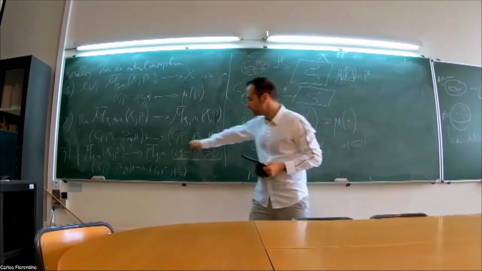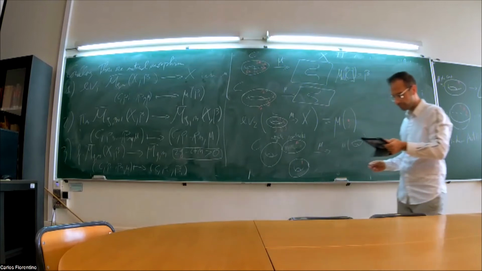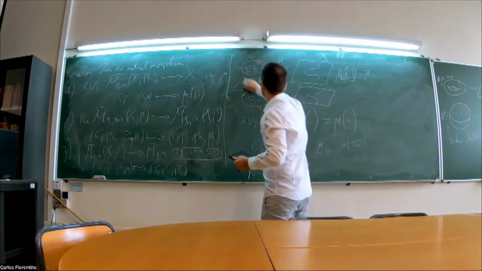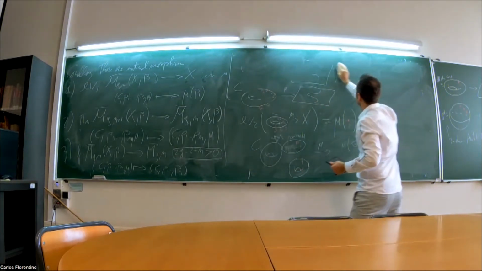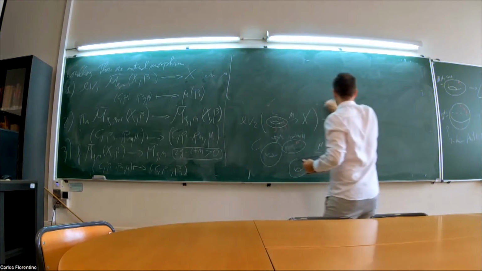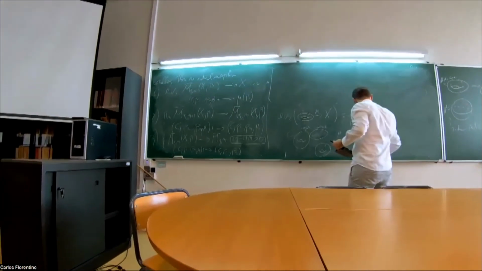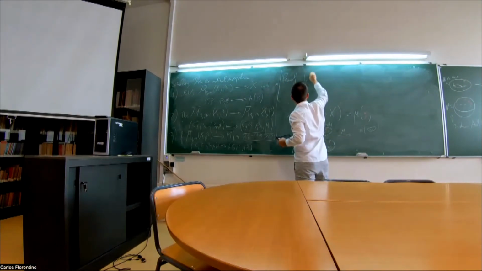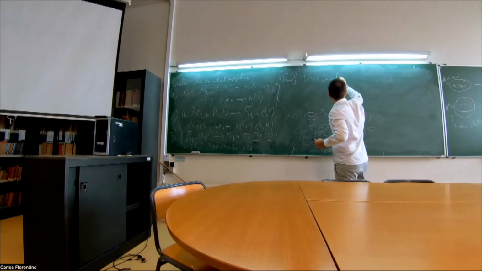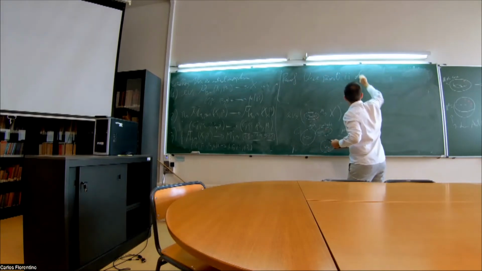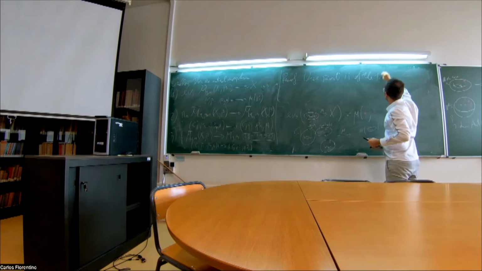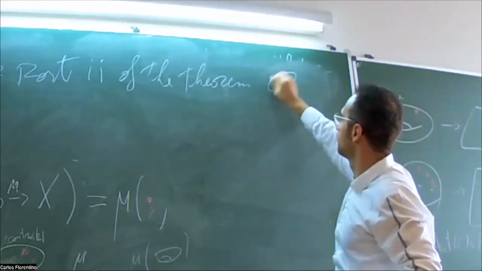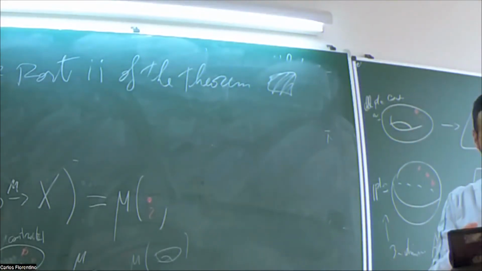In this case, we have this map. Proof: use part 2 of the theorem. This corollary is immediate with part 2 of the theorem, so I leave it for you.